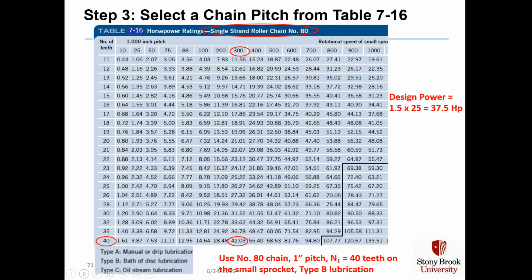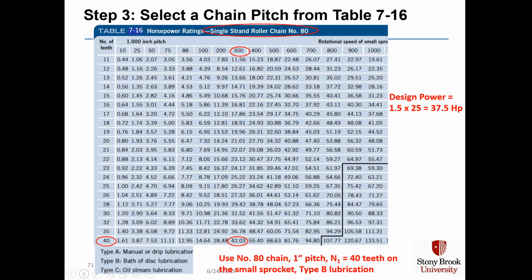Now we're going to select the chain pitch from table 7-16. We use the closest number to our rotational speed of the small sprocket, and 300 is very close to 310. If we were in the middle between two numbers of rotational speed in this chart, we'd be better off interpolating.